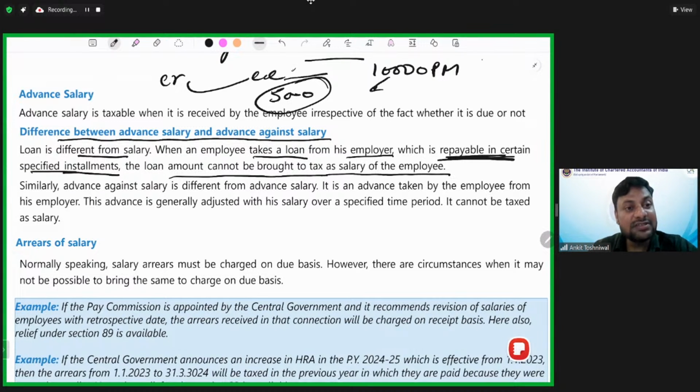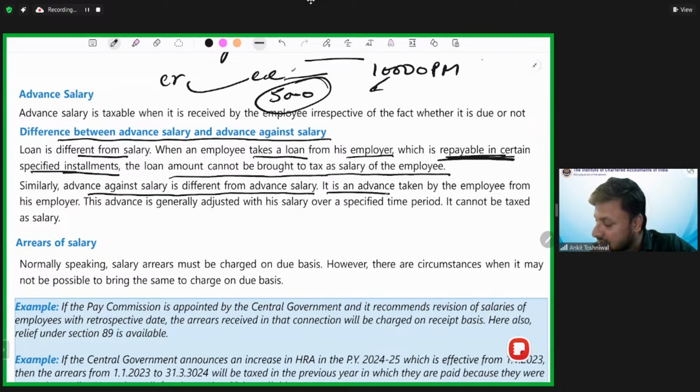If it is fully repayable, it is not an income at all. So it is not taxable under the head salary because it is not an income.